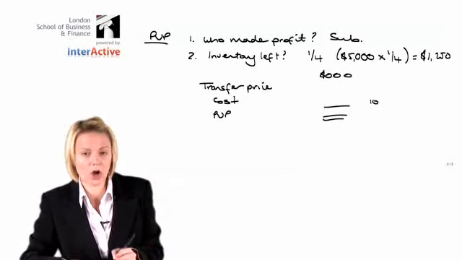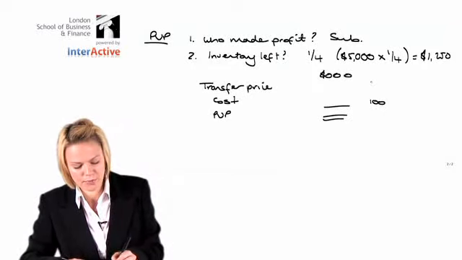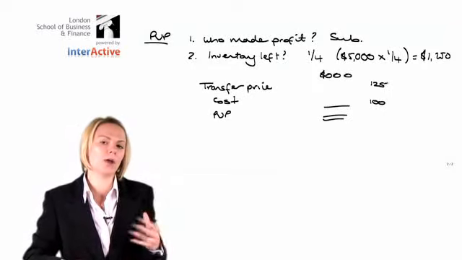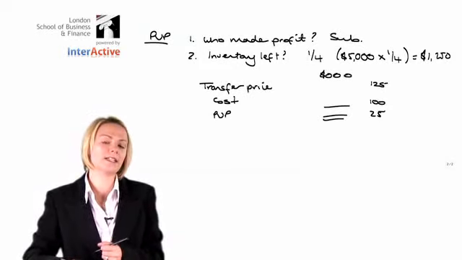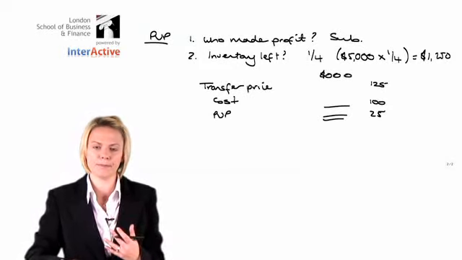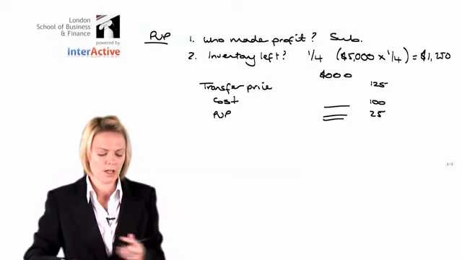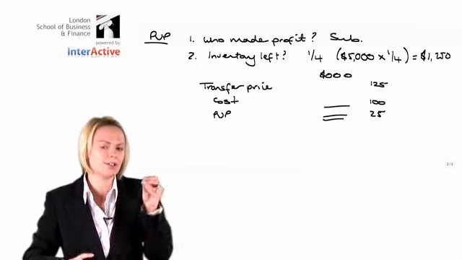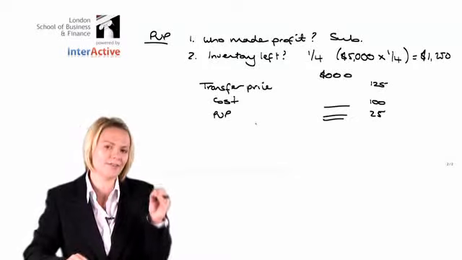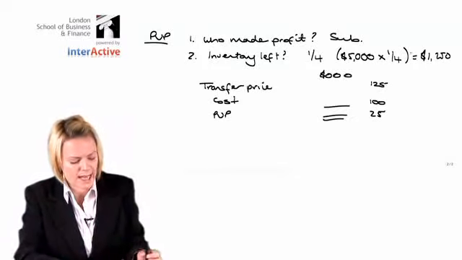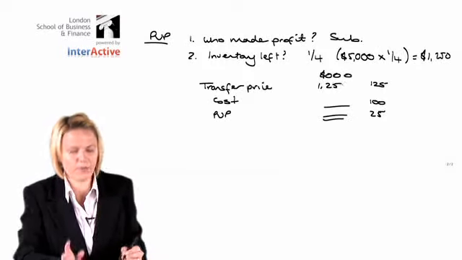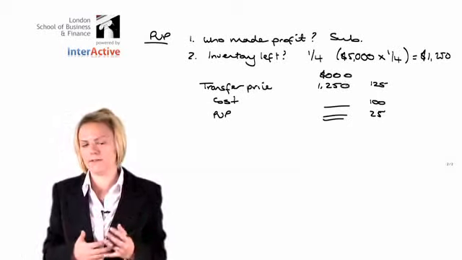So we base it on cost, where the transfer price is cost plus markup, 125, and the PUP would be the other 25 dropping out of the bottom. Now remember, the transfer price is the transfer price of the goods left in inventory, not total sales. We said that a quarter of the transfer price is the value of goods left in inventory at 1,250.